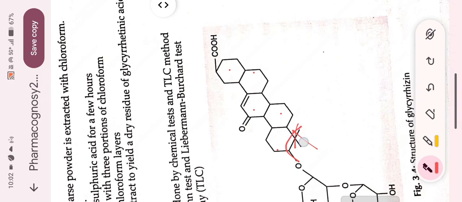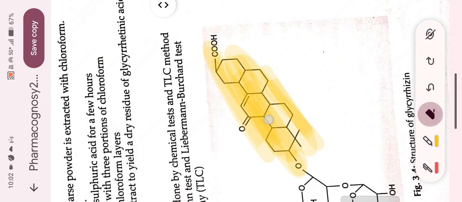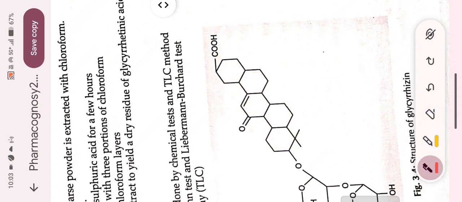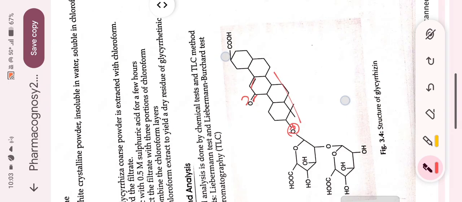Here we have 2 legs, like this. Firstly we'll write this thing like this. We'll write these 2 things and these 2 things and this thing, and this one is mandatory.